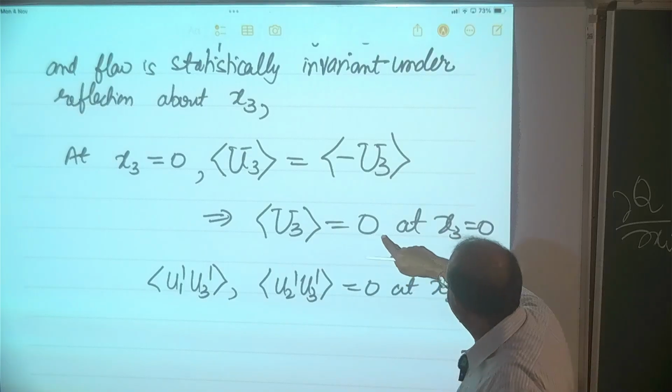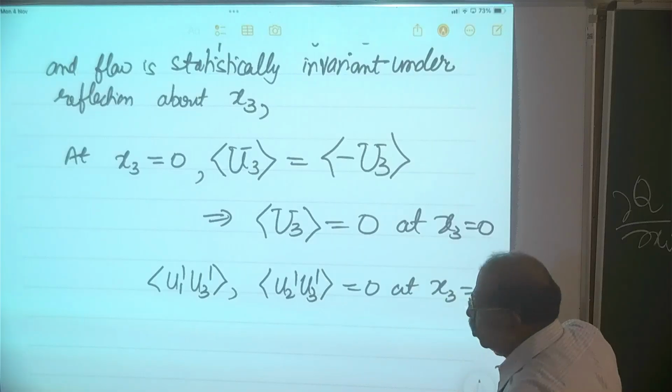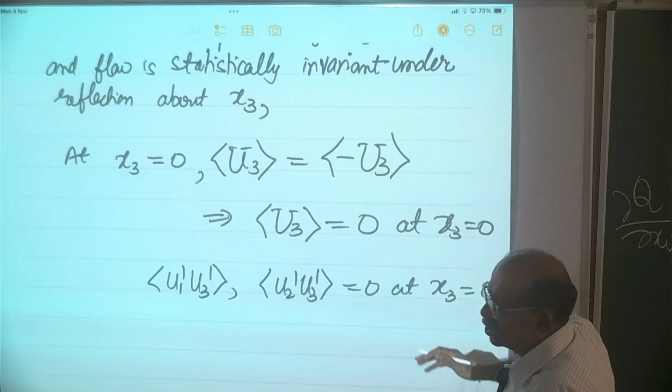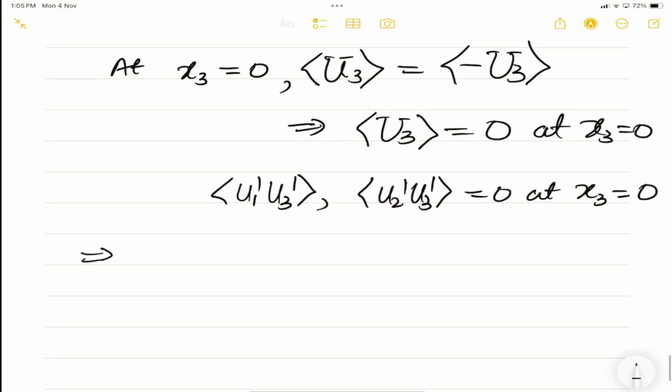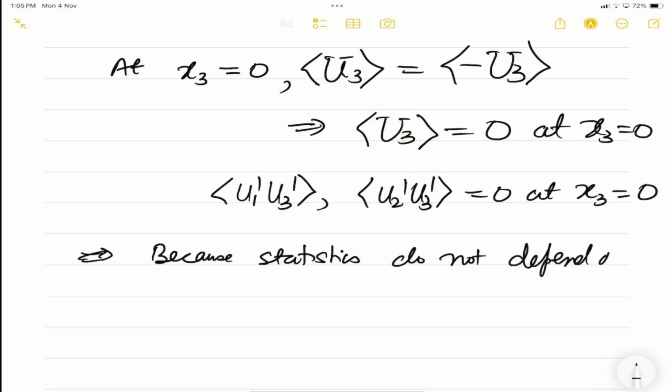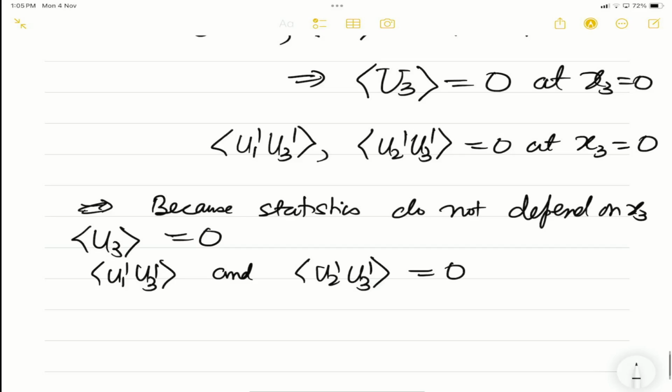So u3 will be 0 not only at x3 equal to 0, but at all values of x3, and similarly for these stresses. Therefore, in a statistically two-dimensional flow, because statistics do not depend on x3, we have the mean of u3 equal to 0, and u1 prime u3 prime and u2 prime u3 prime will be 0 for all x, y, z.